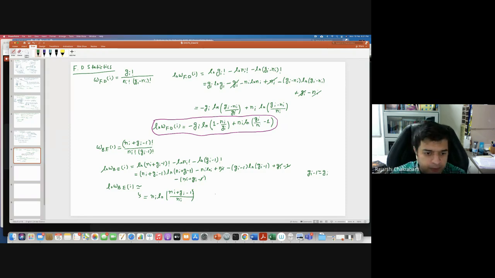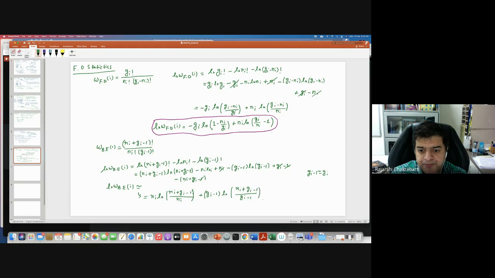We'll do this later. Plus you take g_i minus 1 common, then you'll have ln (n_i plus g_i minus 1) divided by (g_i minus 1).